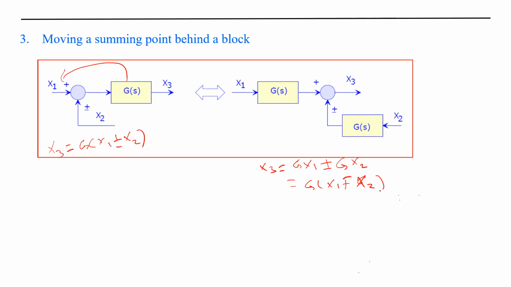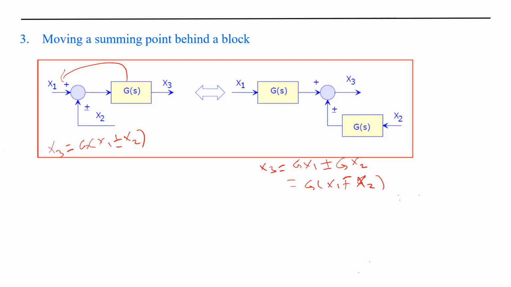So basically, what we are trying to say in here, sometimes when I change the configuration, I can reduce the system easier. But what's important, I should keep the same relationship. For example, in here, the signal x2 is multiplying G. Now I'm doing it in this way, so I have to keep it, x2 has to multiply G, so I duplicate my G into two places.